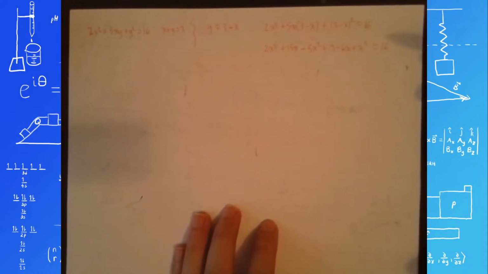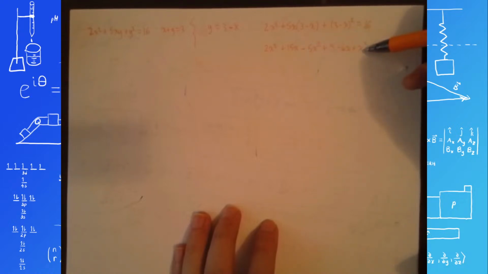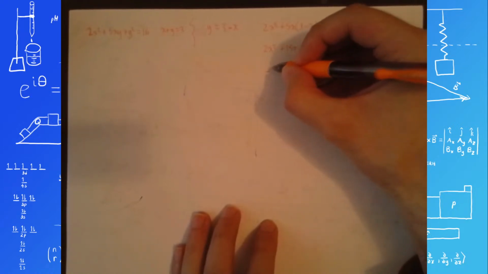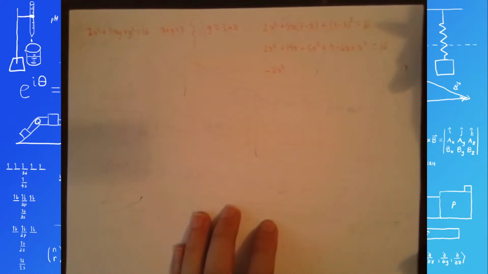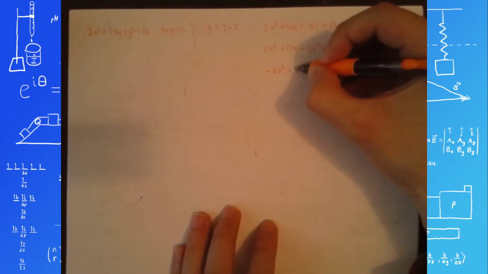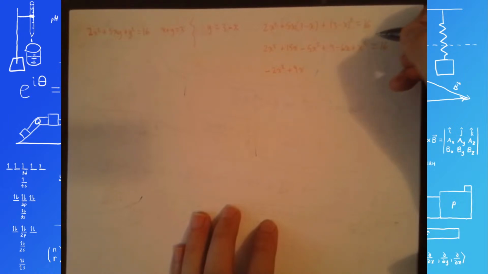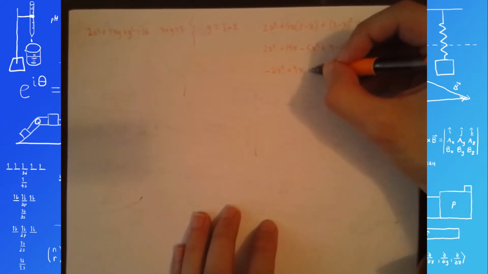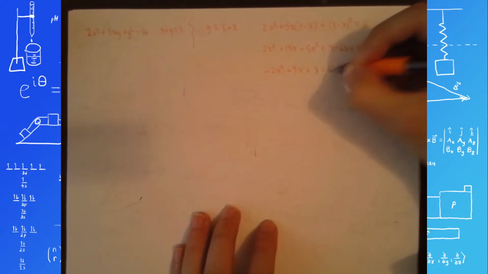If I group together my x squared, I get 2 minus 5 plus 1, so negative 3 and plus 1 is negative 2 x squared, and then 15x and negative 6x is plus 9x, and then I've got the plus 9 over there equals 16.